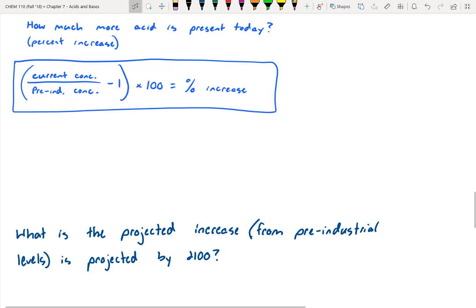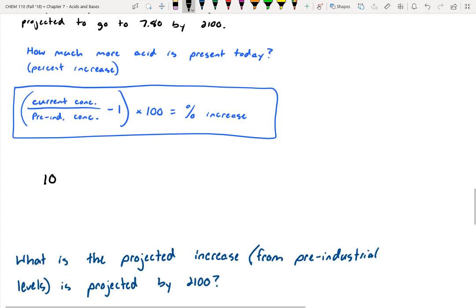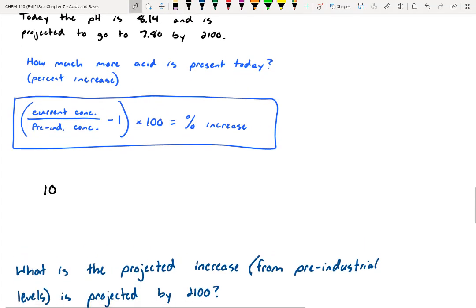The current concentration of acid, we said that the concentration would be 10 to the negative pH. Okay, so let's plug that in. And today the pH is 8.14, so it'd be 10 to the negative 8.14. That's today's concentration.